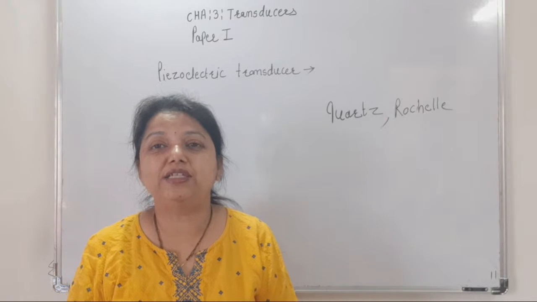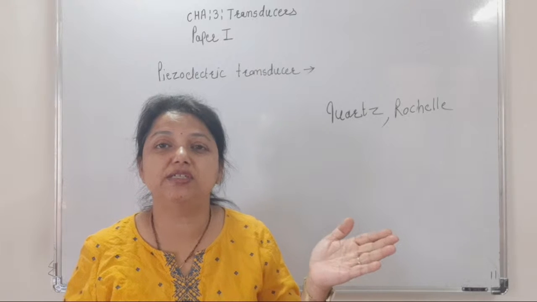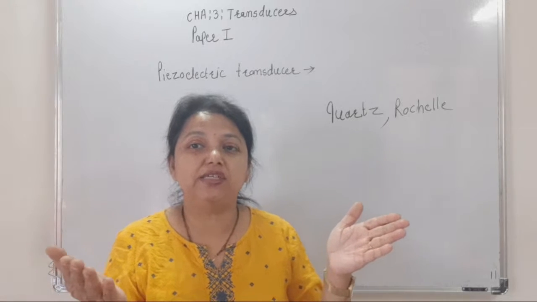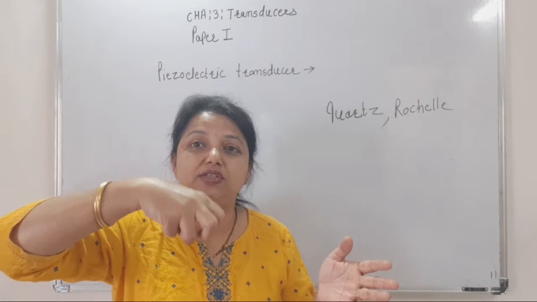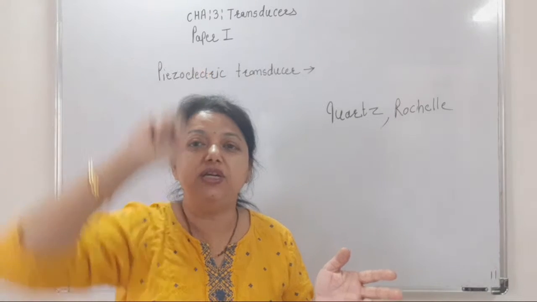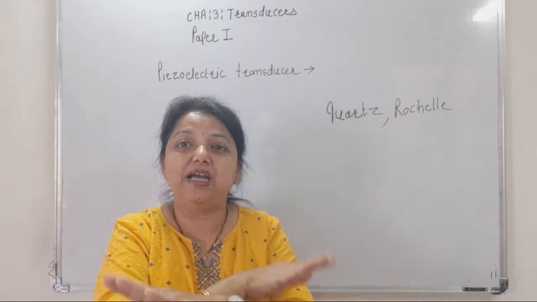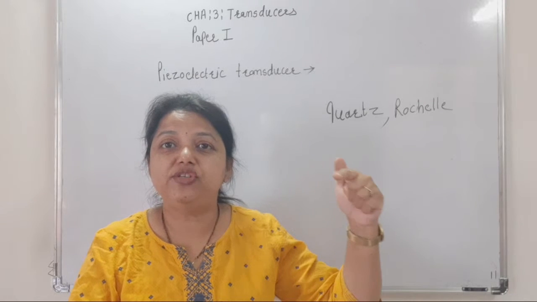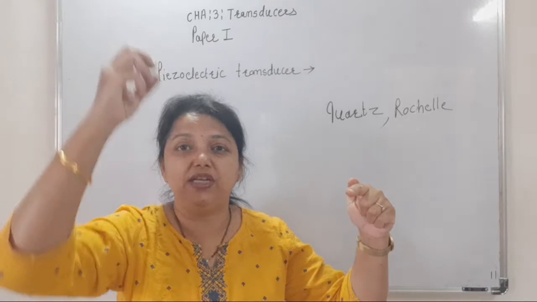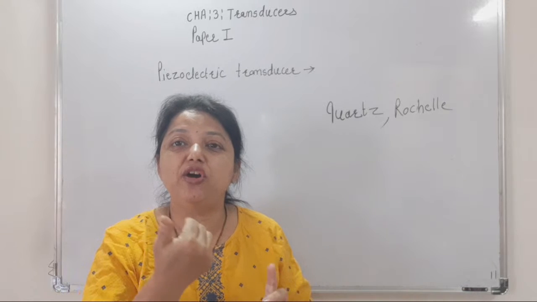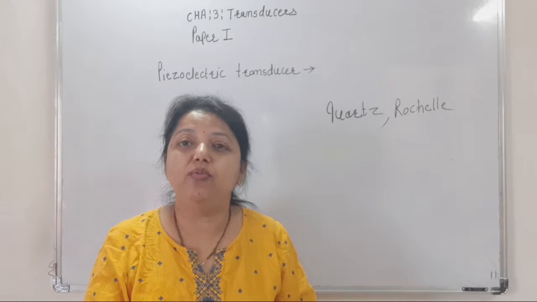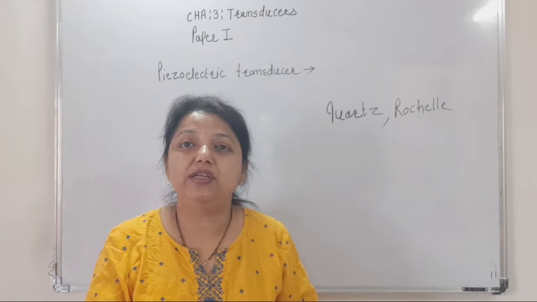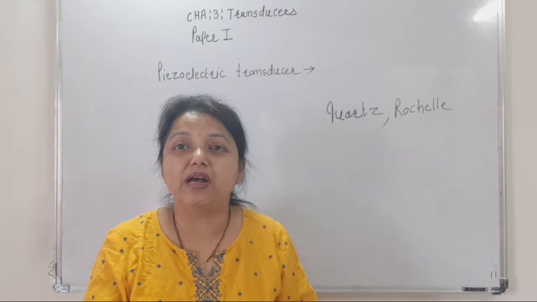Now what is the direction of that? On one side, suppose positive charges are developed, and on another side negative charges are developed whenever pressure is applied. When we keep that crystal under tension, means in opposite direction force is applied, then the charges are also opposite. Initially here positive charges, now due to the tension on this side, means the direction of current changes whenever we apply pressure and when we apply tension. So that is known as a piezoelectric transducer.